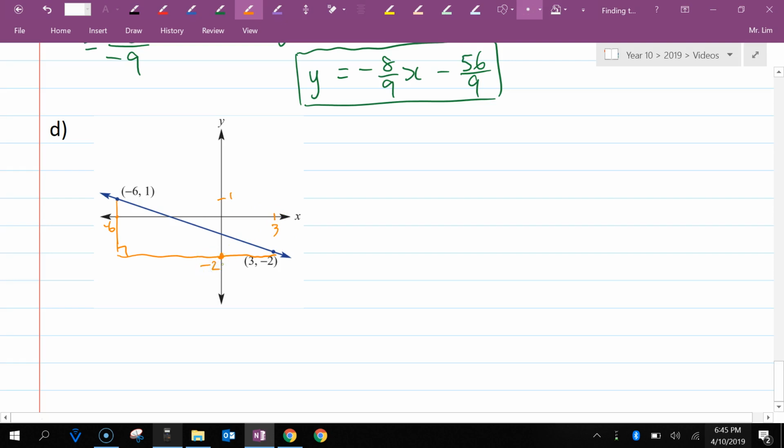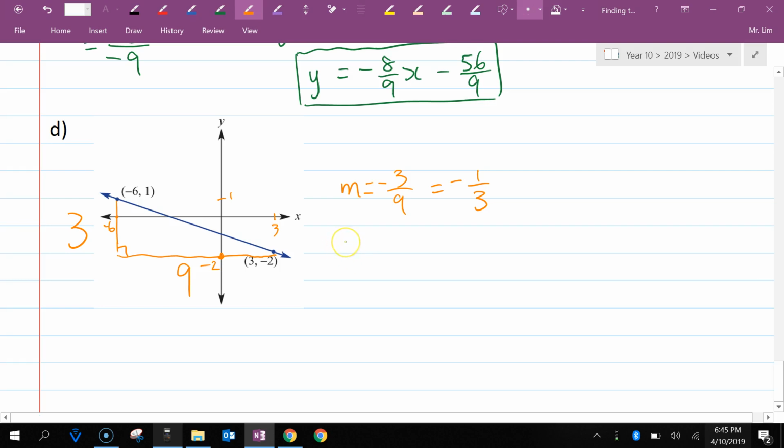Okay, so we can see that the rise is 1 plus 2 is 3. And the run is 6 plus 3, which is 9. So the gradient is rise over run, 3 over 9, or 1/3. But because it's sloping down from left to right, it's negative. So it's negative 1/3.